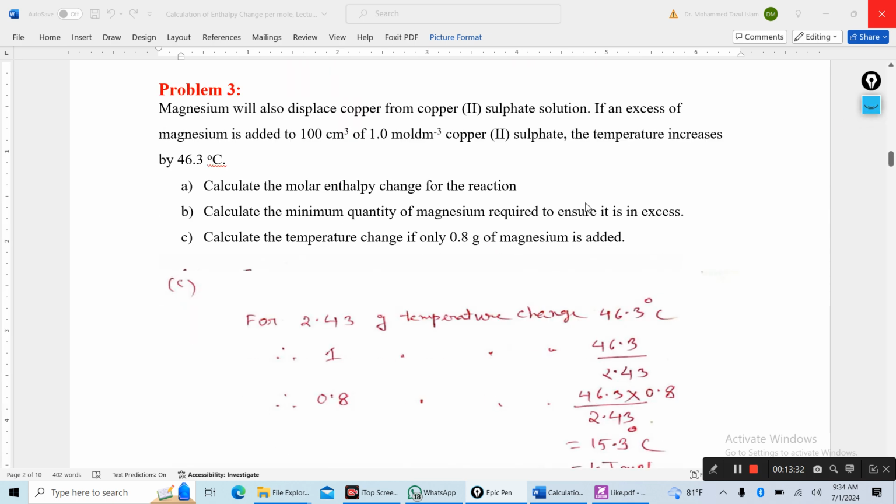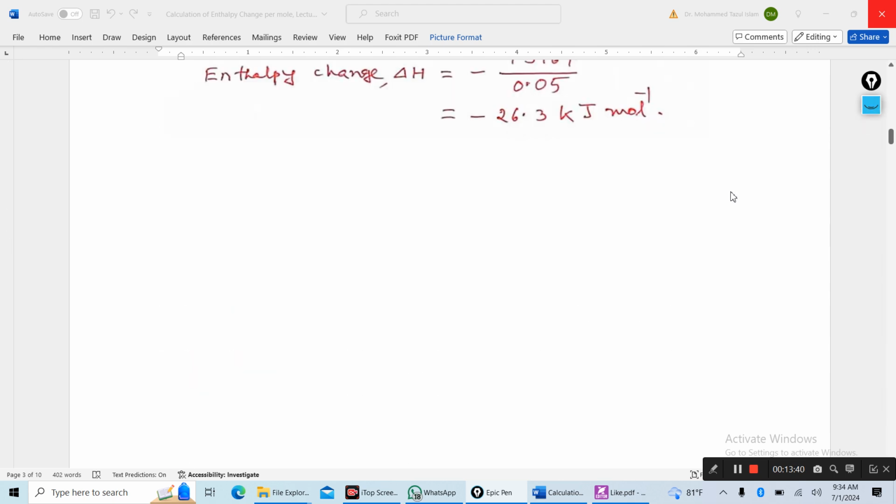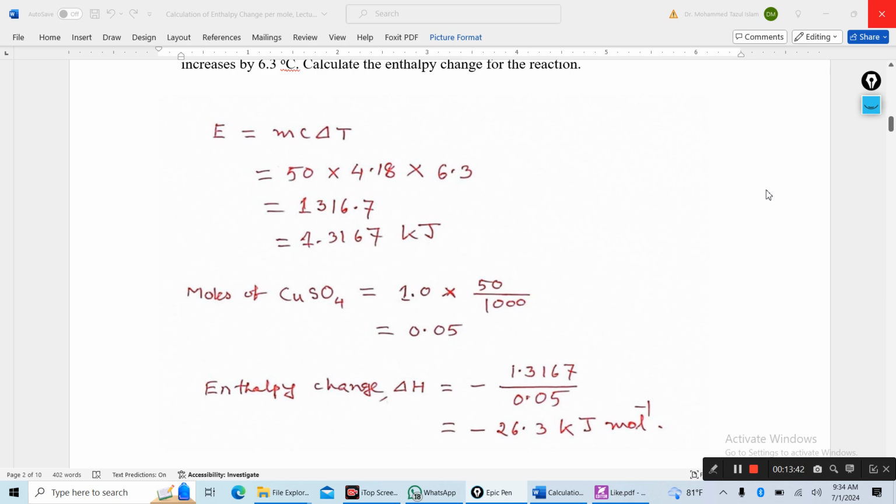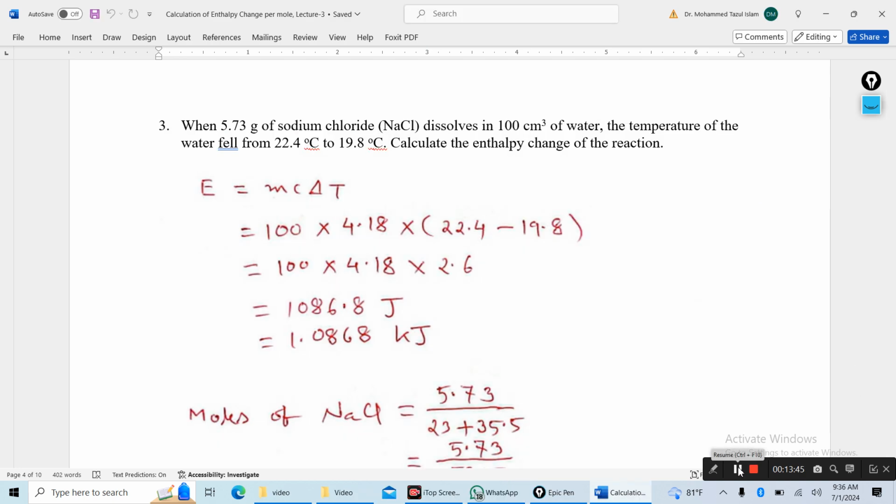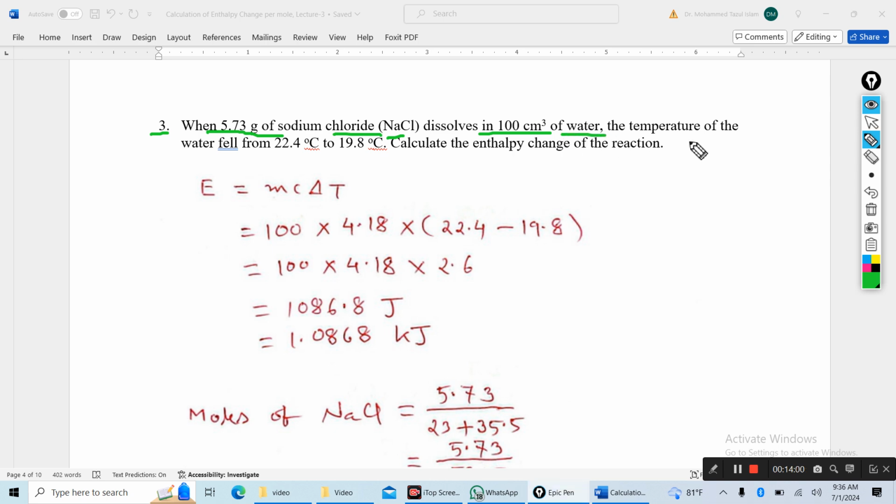Next, number 3. Number 3, when 5.73 gram of sodium chloride is dissolved in 100 centimeter cube of water, the temperature of water fell from 22.4 to 19.8.